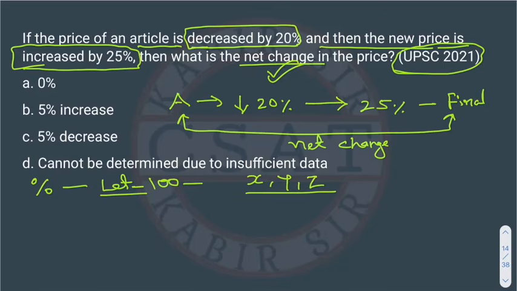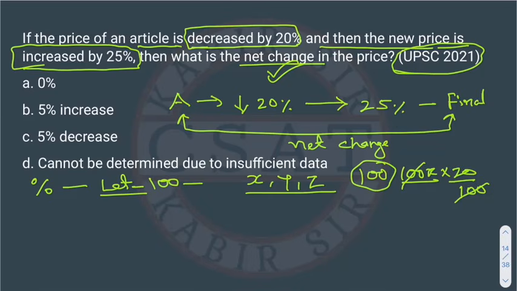But in questions of percentage we normally consider price like 100 or 100x. Why in the multiple of 100? Because there is percentage. If we want to calculate a percentage like 20%, the 100 will cancel this 100. So the calculation is easy. That's why we consider 100 or a multiple of 100.